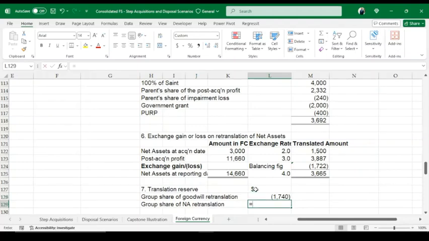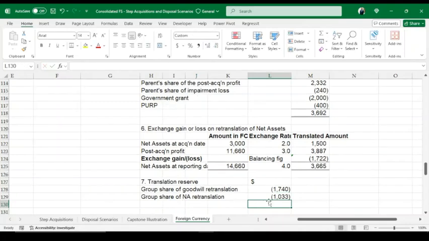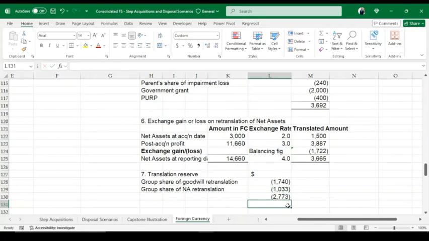Then the group share of the net assets retranslation goes as 0.6 multiplied by this amount, and that will give me 1,000. I'm going to add these two together, and that will give me the total translation reserve amount. So that is 27,730, and this is actually an exchange loss.